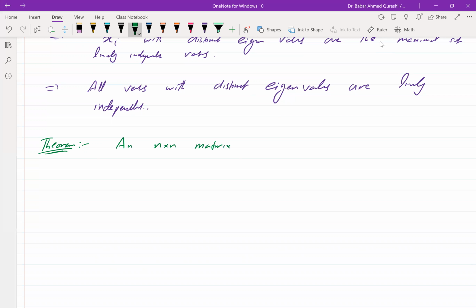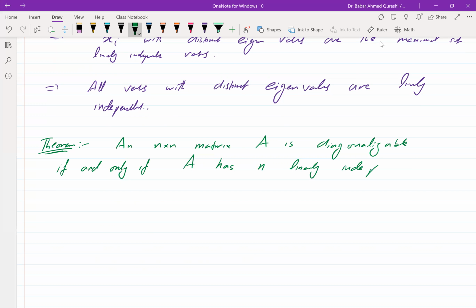An n by n matrix A is diagonalizable if and only if A has n linearly independent eigenvectors.